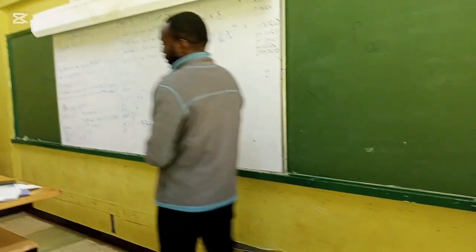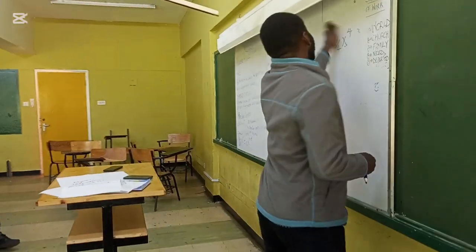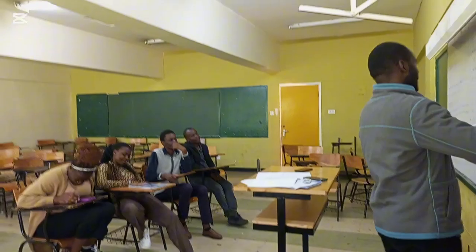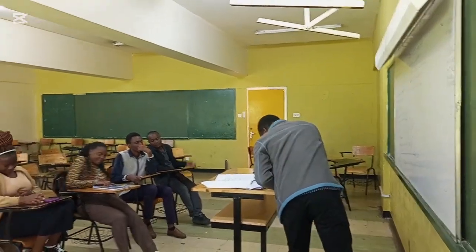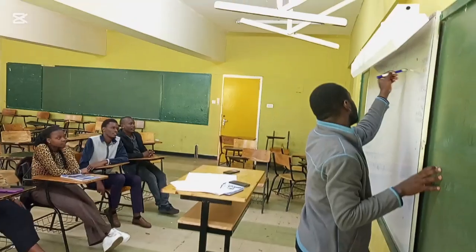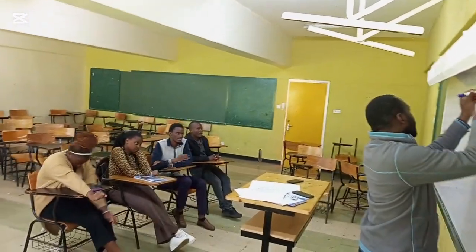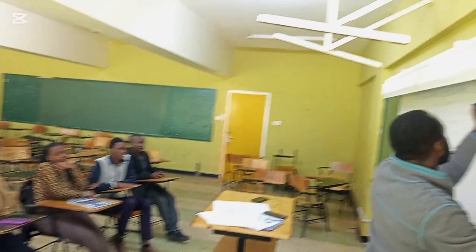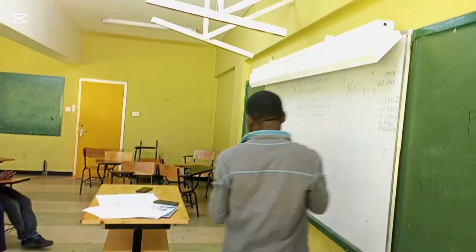Don't be scared. These things are very simple. Our next example, let me give a very simple one. A function of x, which is y, equals x raised to minus 2. Who can come and try that?